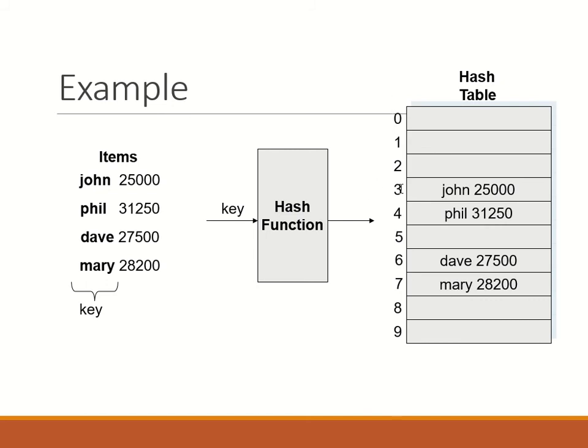You understand that John is in index position 3, Phil is in index position 4, Dev is in 6, and Mary is in 7. So this is the result of the hash function. For John, while it is being applied, the hash function is producing the index as 3. For Phil, it will be 4, and so on. So this is the pictorial representation, or the idea, of how hashing is done.